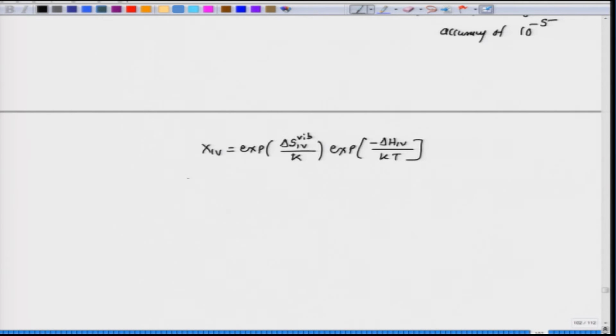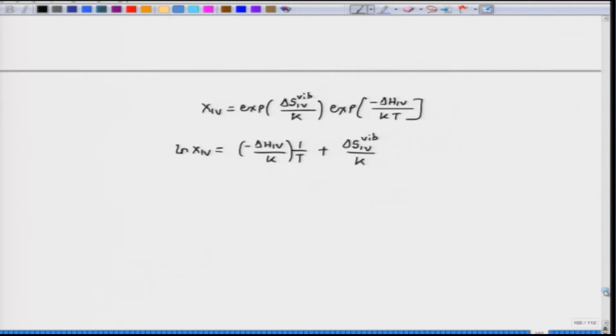So, if we take log on both sides, ln x1v should be equal to minus delta H1v by k times 1 by T plus delta S1v vibrational by k.